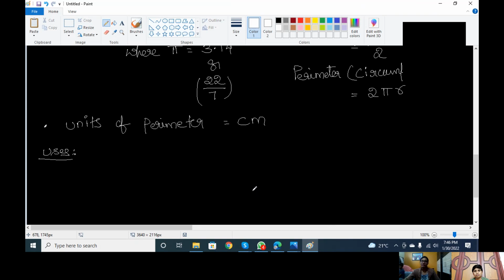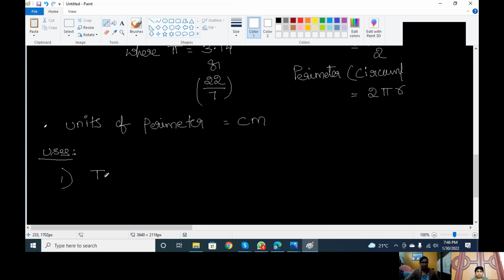Say some cloth is kept on the dining table, like so many mats we put on the dining table. So how much cloth is required to cover that table? If you want to find out, you need to measure the perimeter.